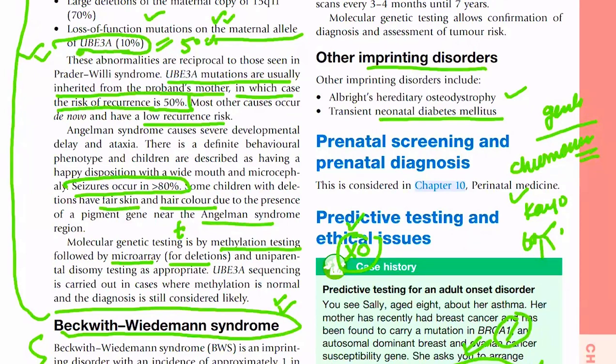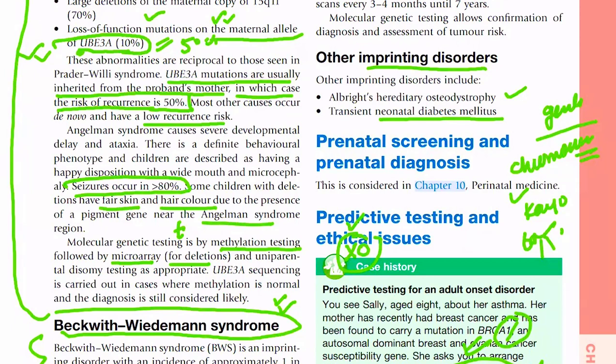Very important to know. Loss of function mutation on the maternal allele, of CDKN1C, is 5%. Paternal uniparental disomy at chromosome 11p15 is 20%.